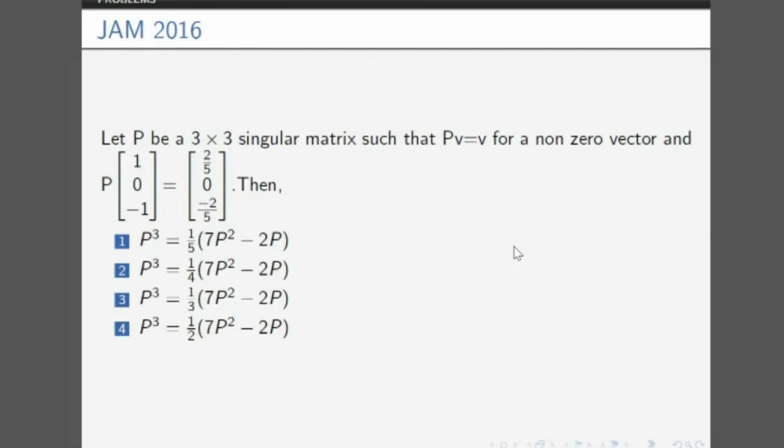That is, P is a 3x3 singular matrix such that PV equal to V for a non-zero vector and P of (1, 0, minus 1) equal to (2 by 5, 0, minus 2 by 5). Then which of these will be satisfied by P? The matrix P is not given, but a few details about P have been given. So is there something that you can say about which equation will be satisfied?